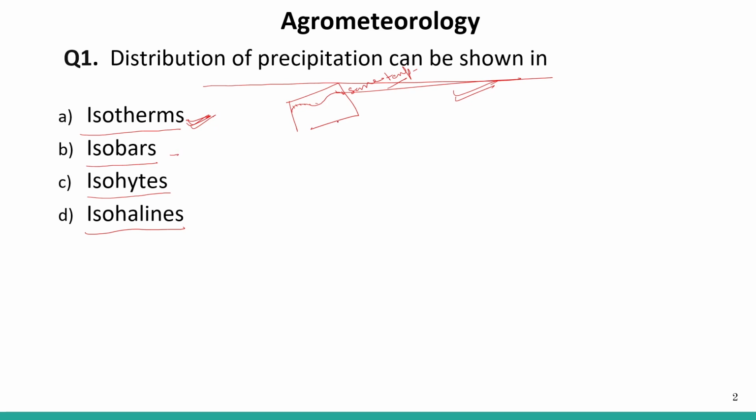Isobars are the lines on the map that show the same atmospheric pressure. Isohyets are the regions on the map that show the same precipitation.